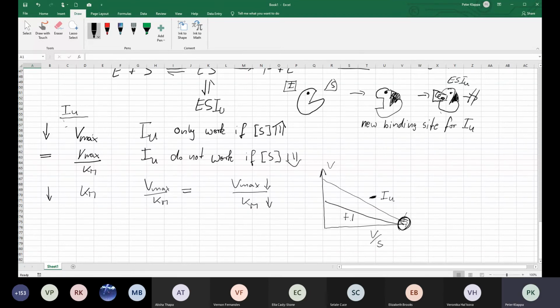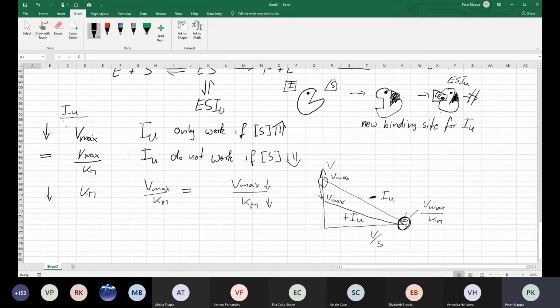With the inhibitor, we get this picture. Here, Vmax over Km stays the same, but they have different Vmax. And you see Vmax goes down in the presence of the inhibitor.